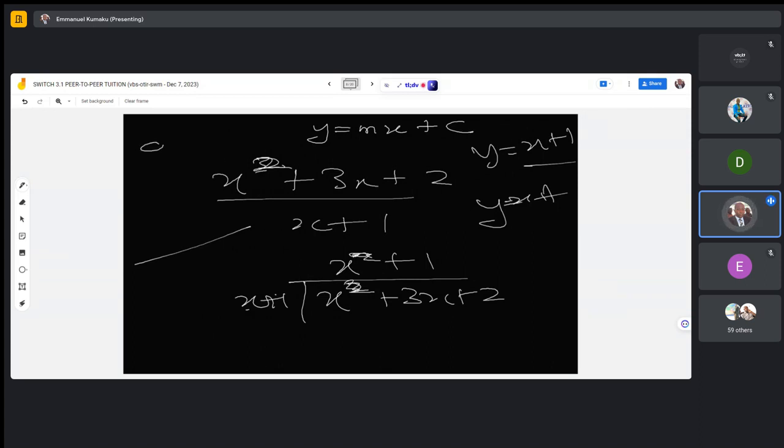It should not resemble a quadratic expression, which is x squared plus bx plus c, because a slant asymptote or an oblique asymptote is a line. When you say something is a slant line, it's a line. So the only way to divide this by this and get an expression of the form y equals mx plus c is when the difference in degree is 1.